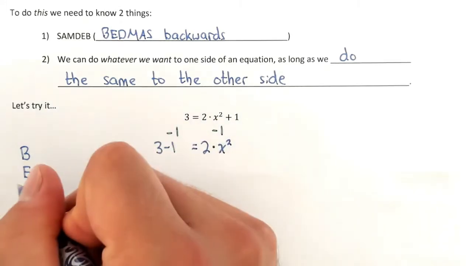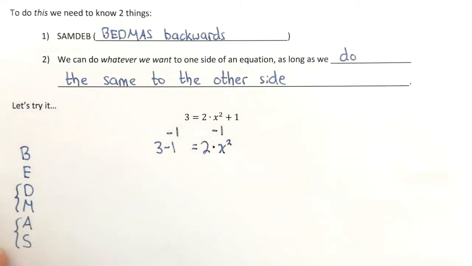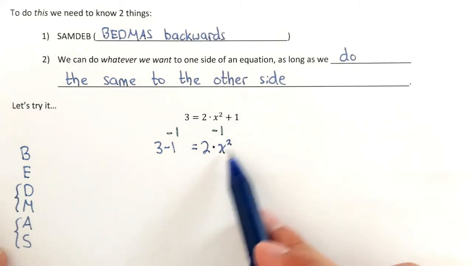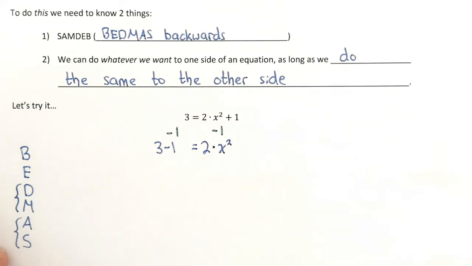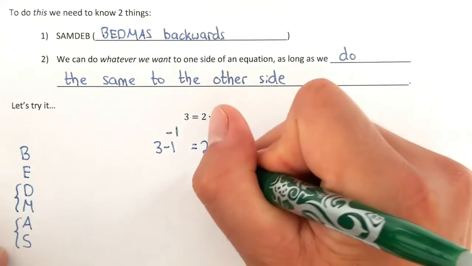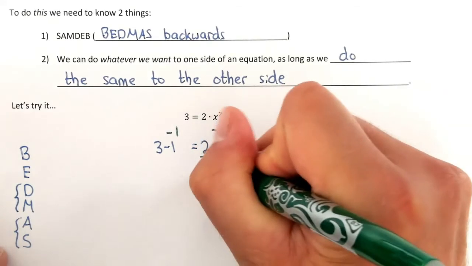Next, I can look for any division or multiplication. And indeed, after this squared, this x gets multiplied by 2. I want to undo that. The opposite of multiplying by 2 is dividing by 2.